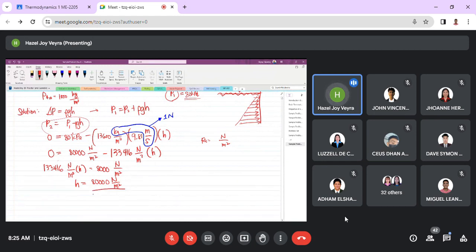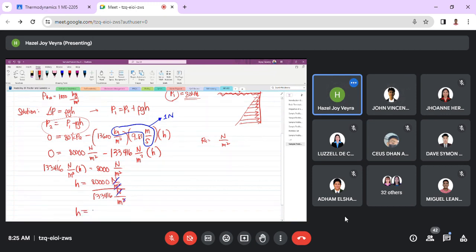Cross multiply. Divide both sides by 133,416. Cancel natin to. May matitirang isang M. Our height is, what's your answer, class?